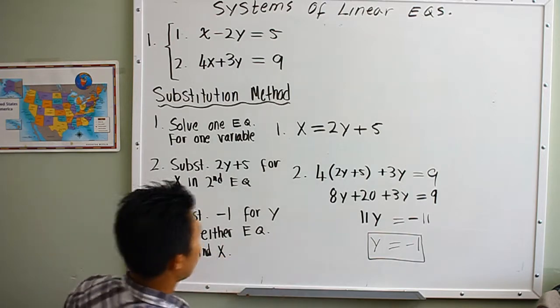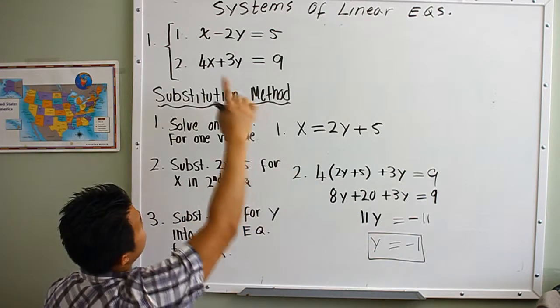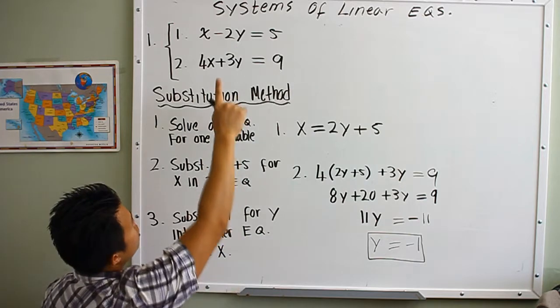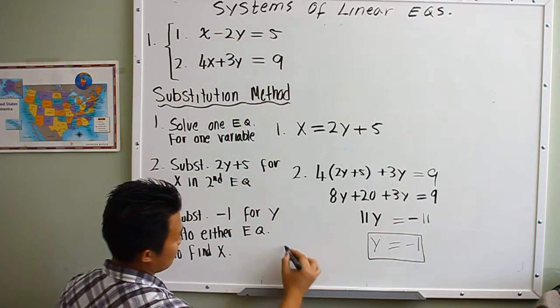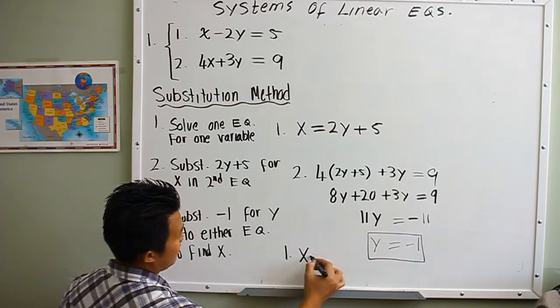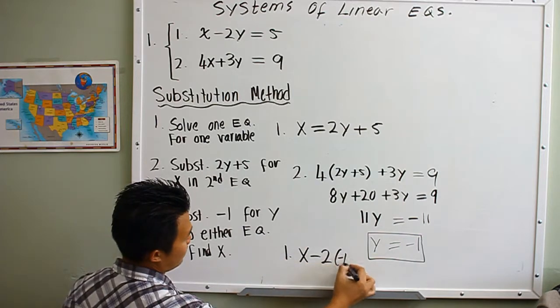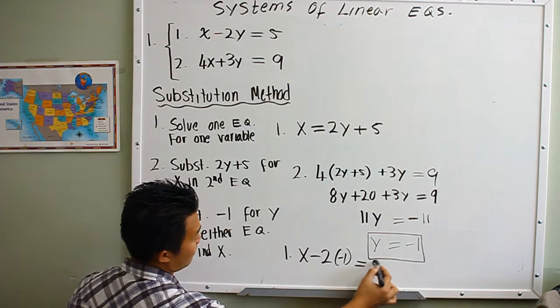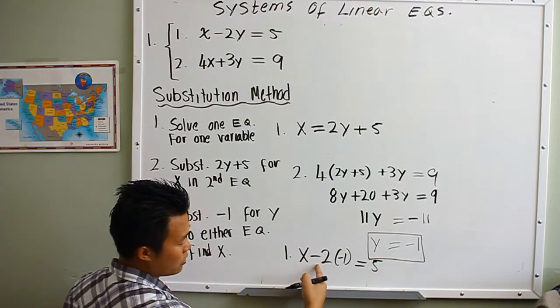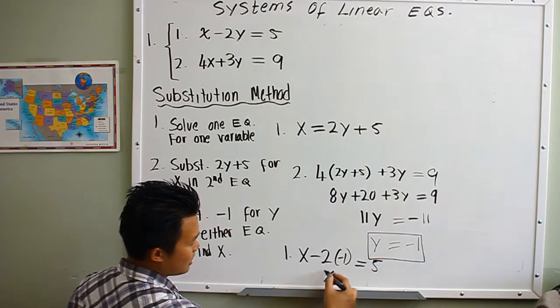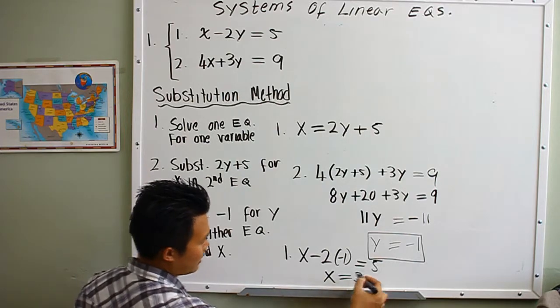Okay, so I'm going to go ahead and replace y in either equation by -1. I'm going to choose the first equation because that seems the easiest. So the first equation: x minus 2 times -1 is equal to 5. If you do the work, this becomes plus 2. If you subtract 2 from both sides, x is going to come out to be 3.